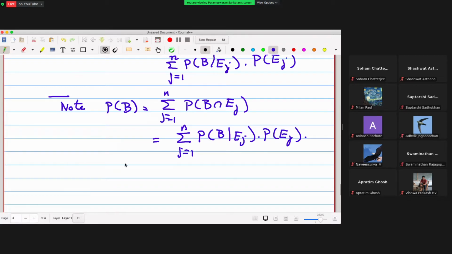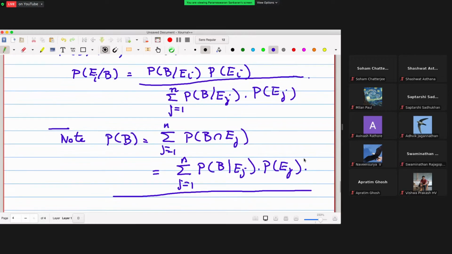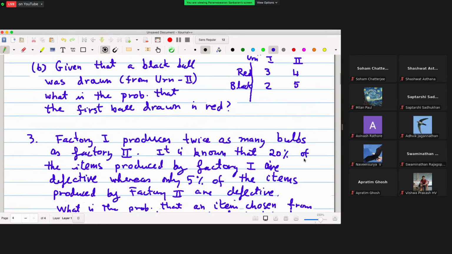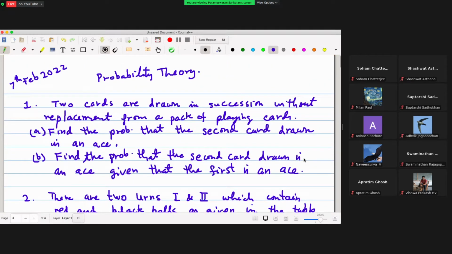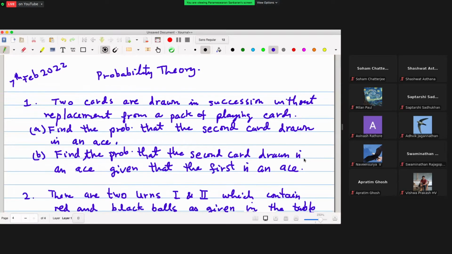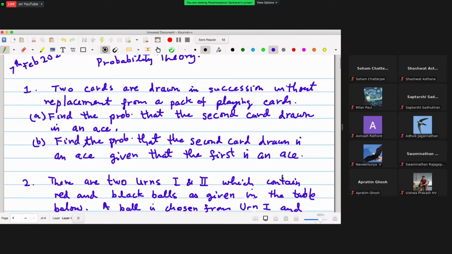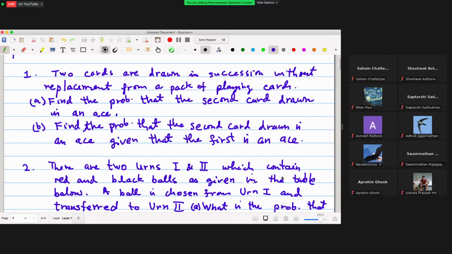And now let us do some problems, exercises. Some of these problems may be familiar to you, and nevertheless, for the sake of completeness, I must do at least a few elementary problems.